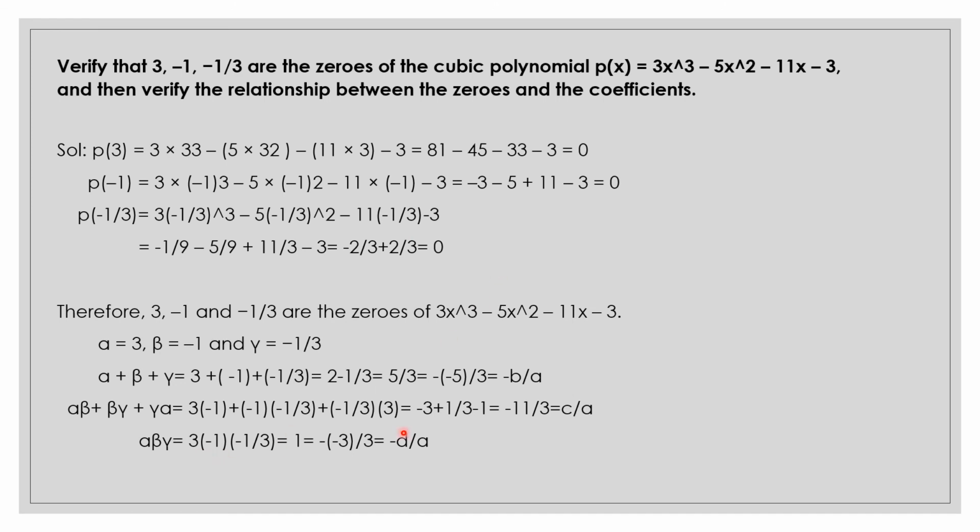We just need to substitute the values and see whether LHS equals RHS. If it's equal, that means we have verified the relationship. It's similar for the third relation also. You just have to substitute the values and check whether the resultant value is the same for both LHS and RHS.